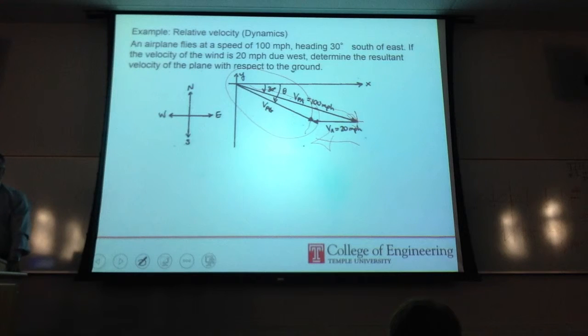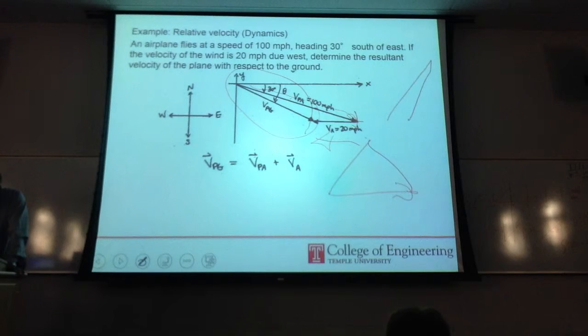Is this a vector addition? Yes. We don't always have to have vectors like this in order to add. We could have a vector like this and then add. But one is subtracting the other one, and that's exactly what we do over here.